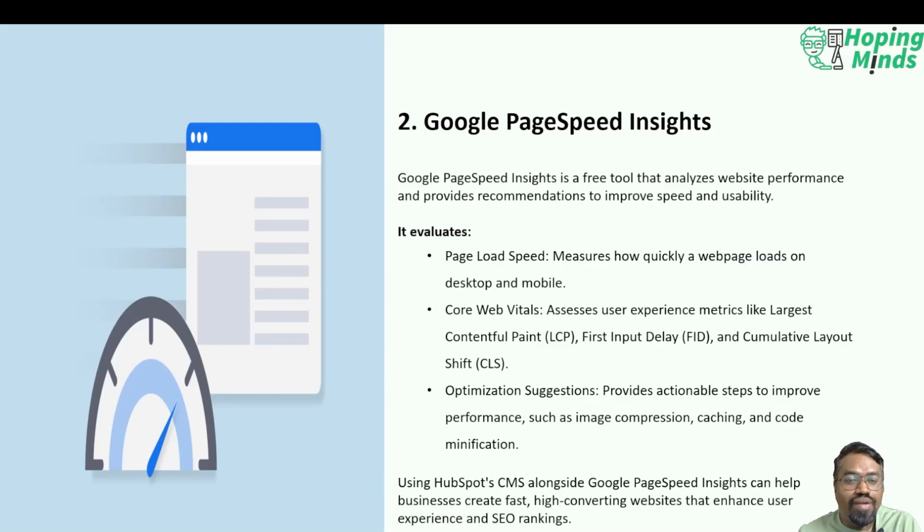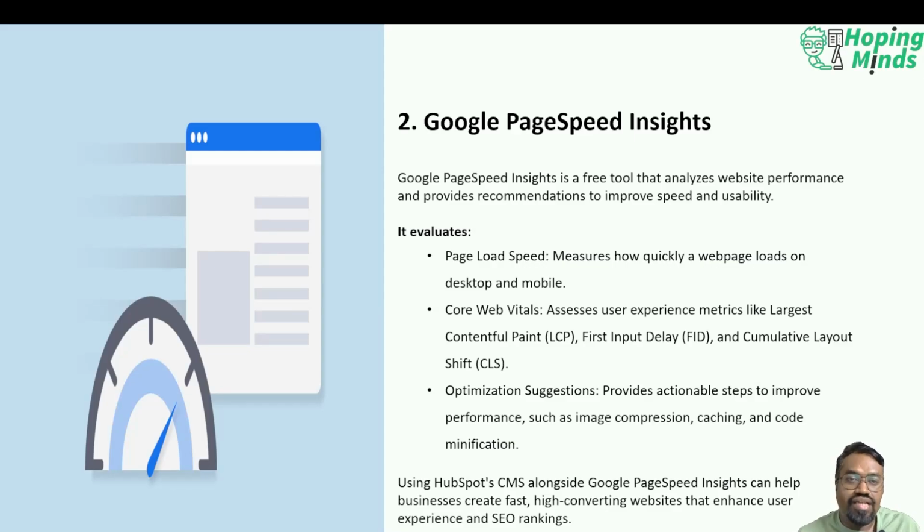Optimization suggestions can also be given by these kinds of tools. It provides actionable steps to improve performance, such as image compression, caching, and code minification. Right. So we will see all these things in detail when we have our SEO session.